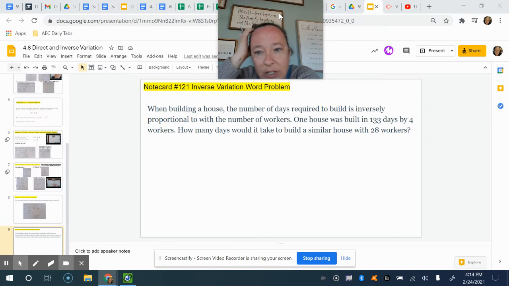it says is inversely proportional to the number of workers. So I need to pause and think about how I can set that up. This is saying that the number of days D is inversely proportional, so an inverse variation, to the number of workers.